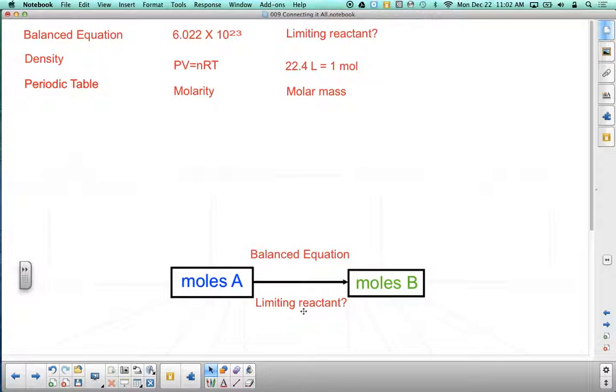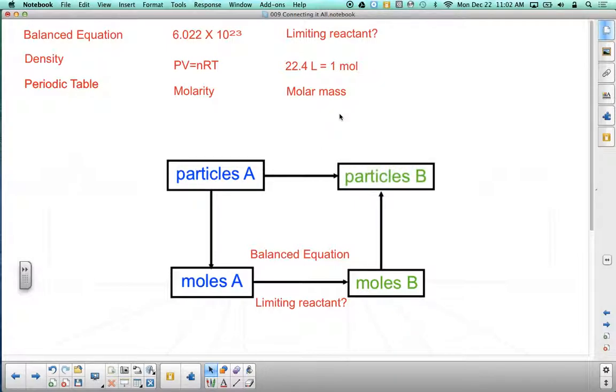Now this moles of A to moles of B was built originally because we had learned in the very beginning of talking about balanced equations that the balanced chemical equation was a way to connect particles of A to particles of B. And then partway through Unit 2, we learned that sometimes the best way to count the particles isn't to count them in terms of exactly how many, but to count them in terms of chemistry's counting number, which is the mole.